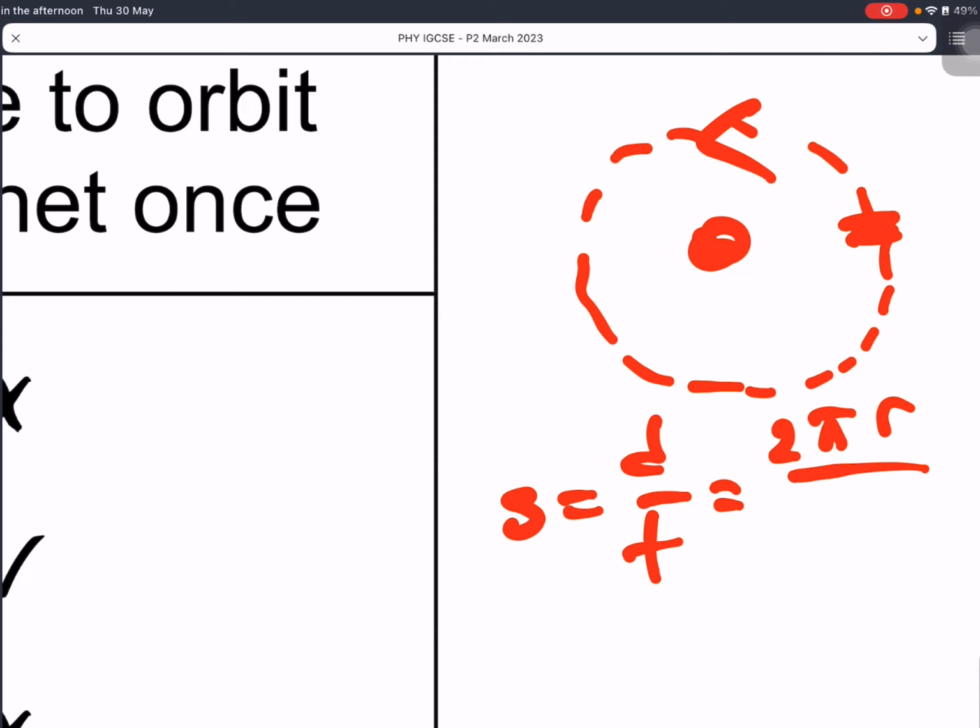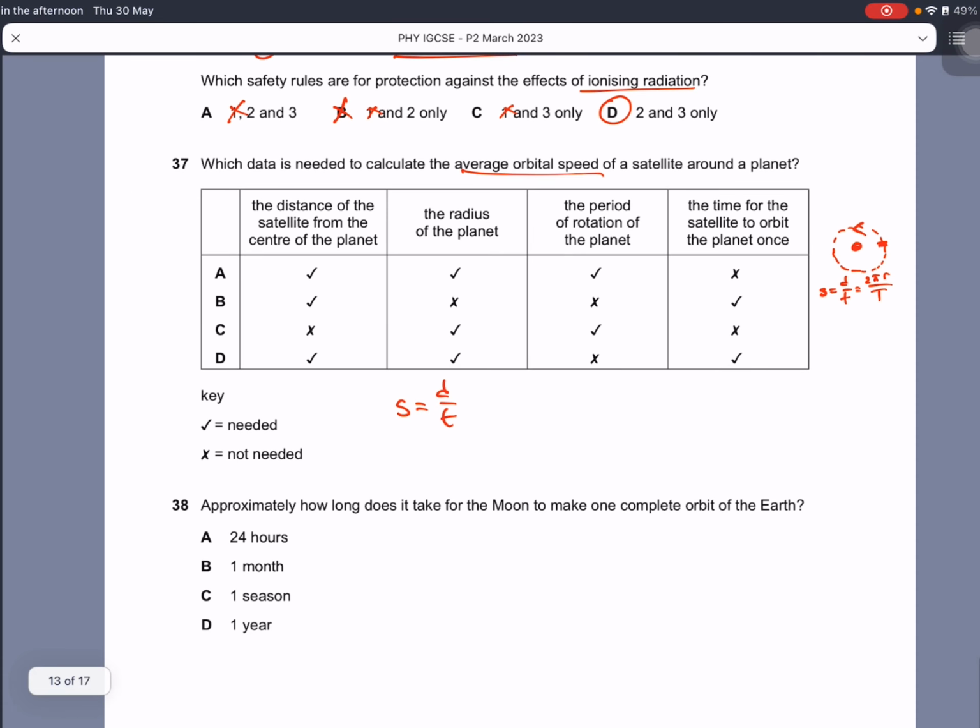And the time to make one complete cycle is simply the period of the completion of the orbit. So it's going to be 2 pi r over T. T is the time to complete one cycle. So simply 2 pi r over T, big T or small t. You understood, yeah? By the way, what's r?